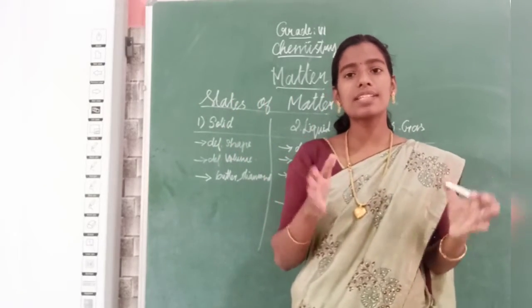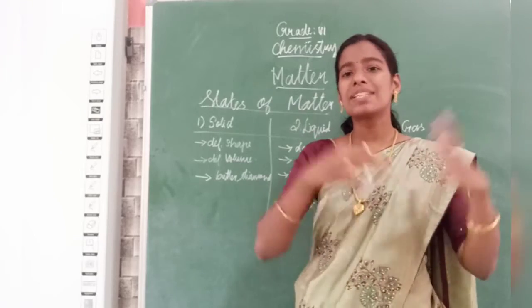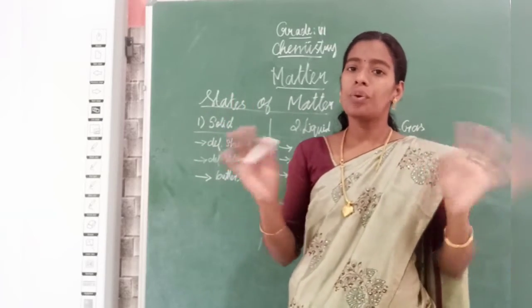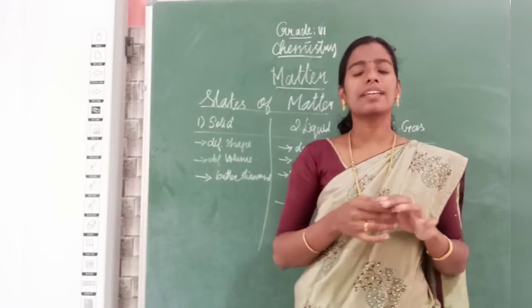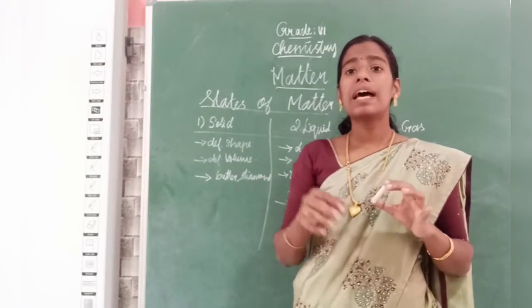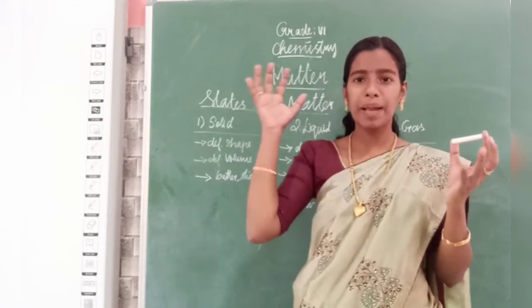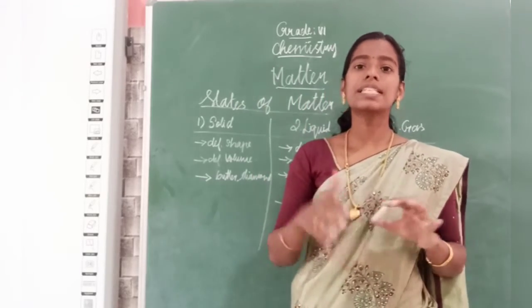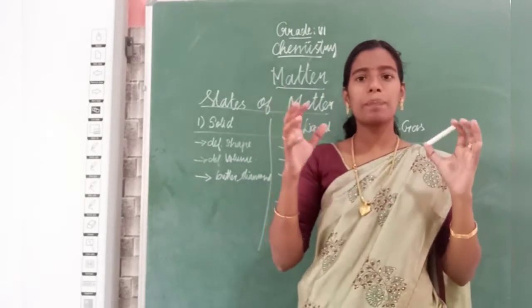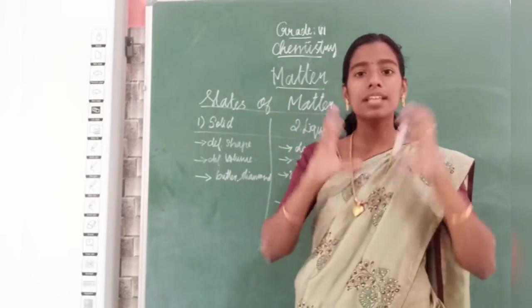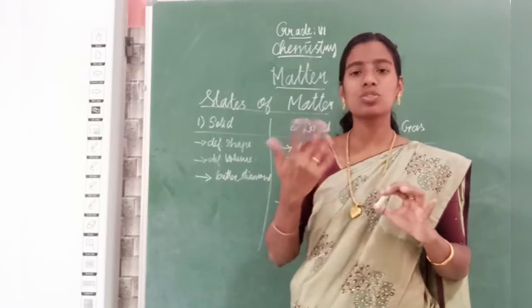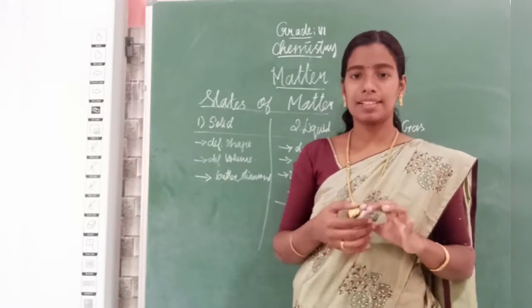So gas spreads all over the area in which it is. And you can apply pressure on gases. When you take a balloon and apply pressure, what happens? The shape of the balloon changes, right? So pressure can be exerted.